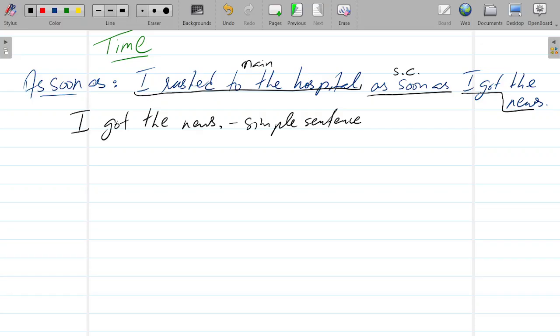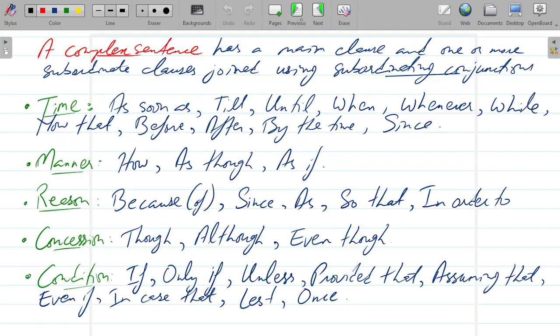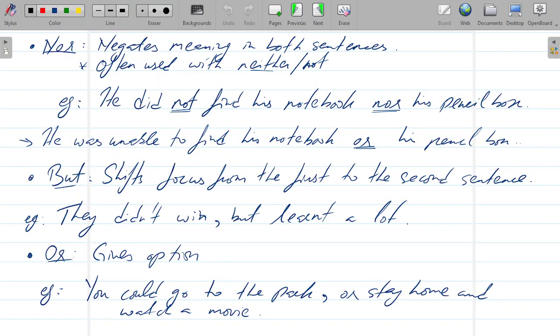So how do you do that? Here's where the difference between coordinating conjunction and subordinating conjunction comes in. Coordinating conjunctions, we treated them separately. Take "They didn't win, but learned a lot."